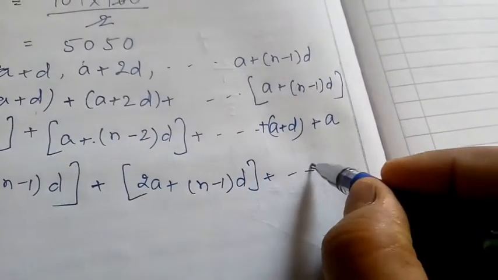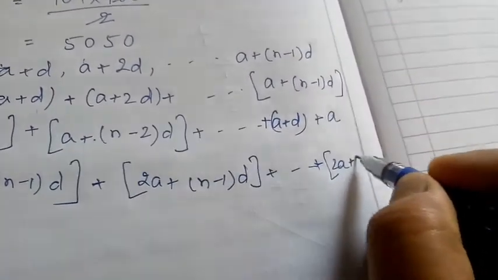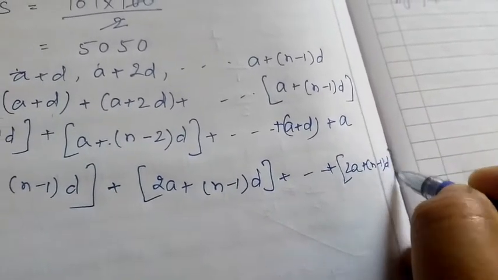And last term we have to add 2A plus n minus 1 into D.